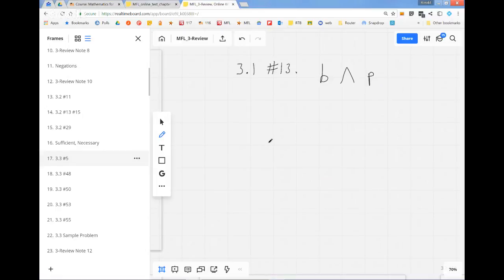Can we look at 3.3, number 17, the biconditional? Okay, 3.3, number 17. You'll have to forgive me, it looks like a kindergartner is writing today. This pen is really weird.